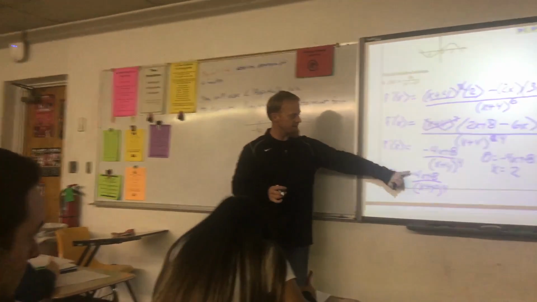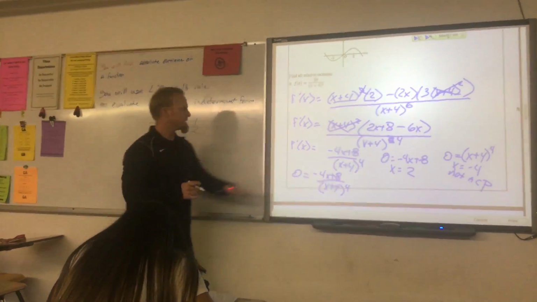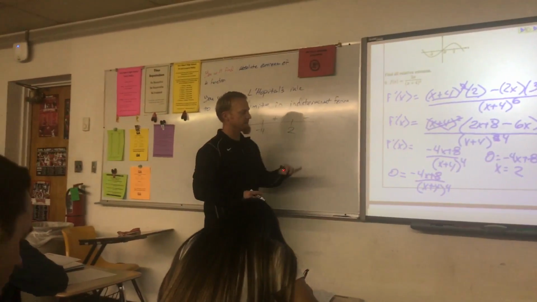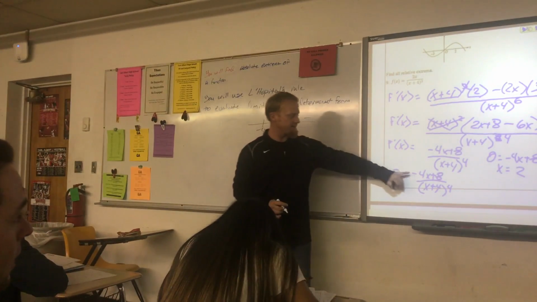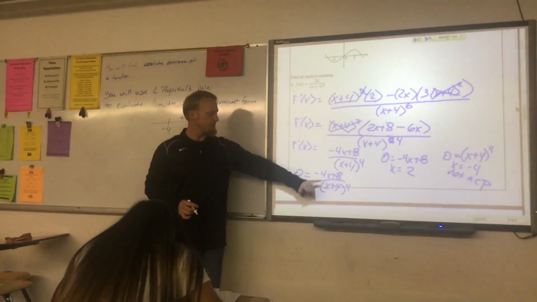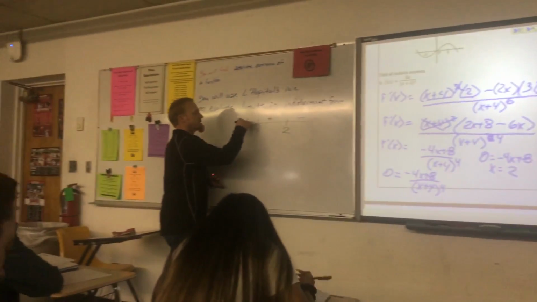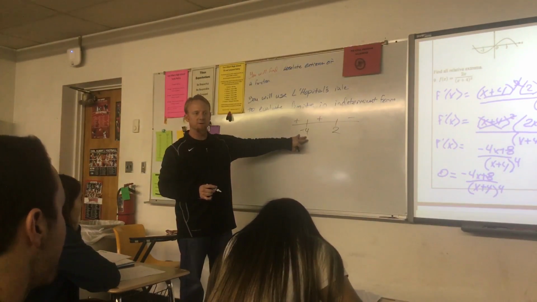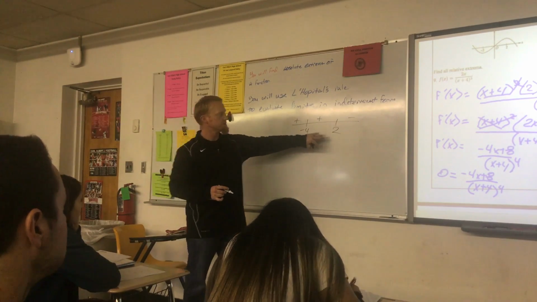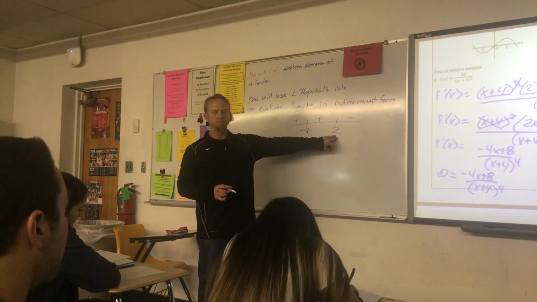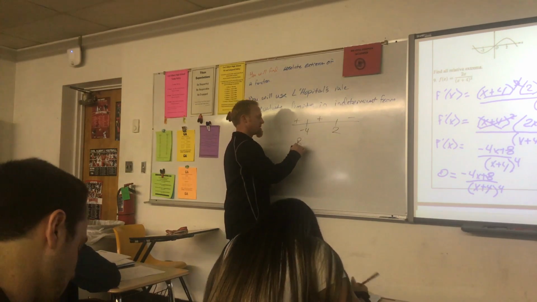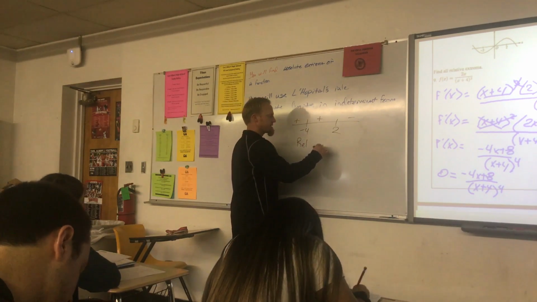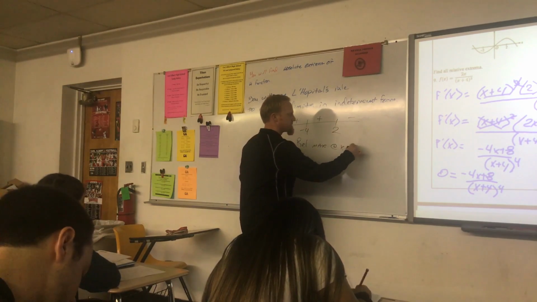Plug in 3. Numerator is negative, so we're negative. Plug in negative 5. Numerator is positive. Again, I don't care what's happening at negative 4 because my only critical point is 2. So what's going on at 2? Relative max. So I have a relative max at x equals 2.